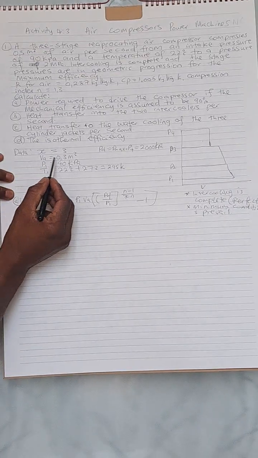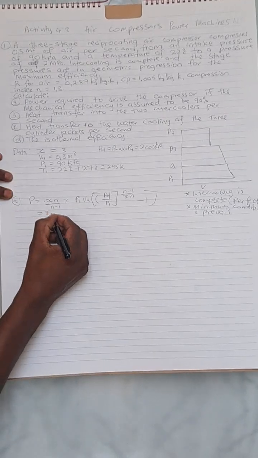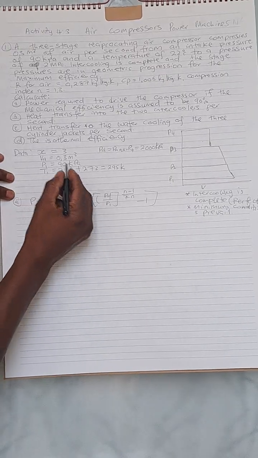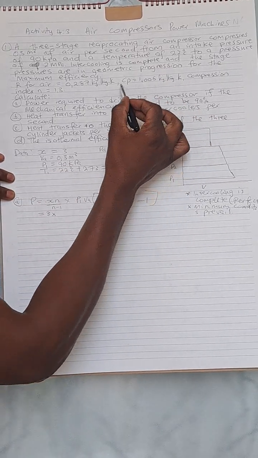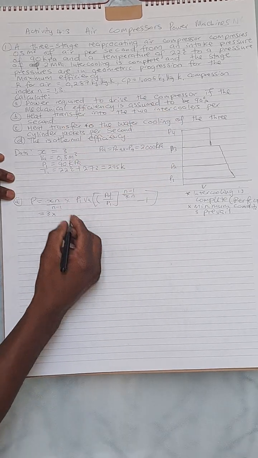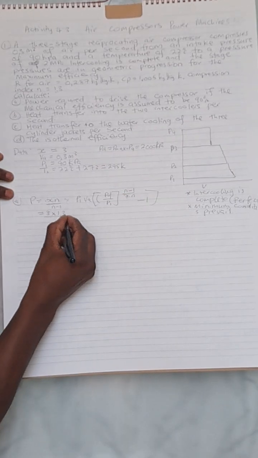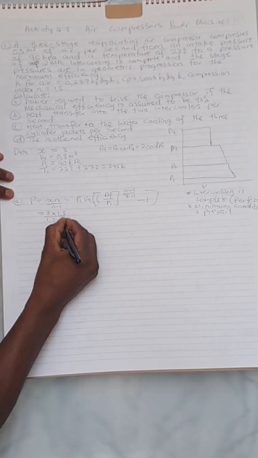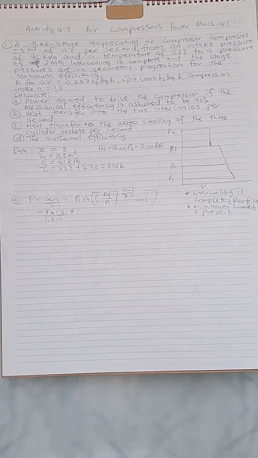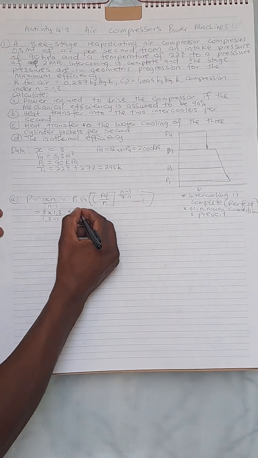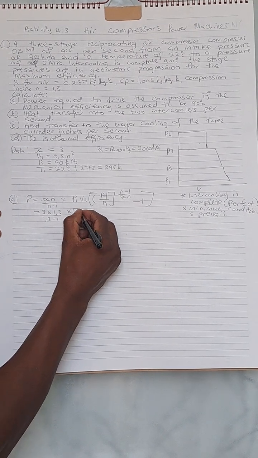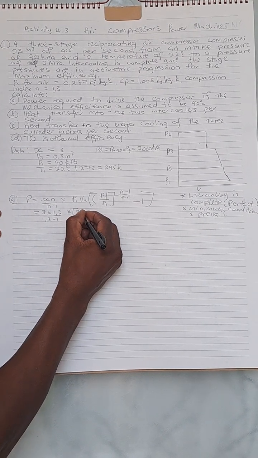Let's go together here. Number of stages, we said it's a 3-stage, so it's 3. Our index of compression was given as 1.3, divided by 1.3 minus 1, times our P1. Now we have a challenge: what's our P1? Which is given as 90.